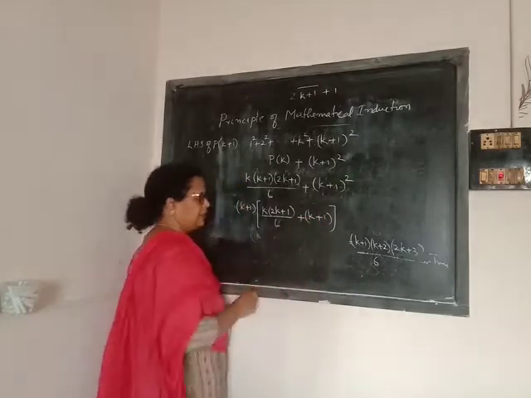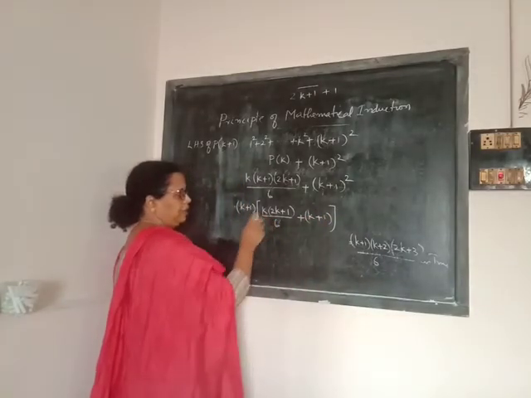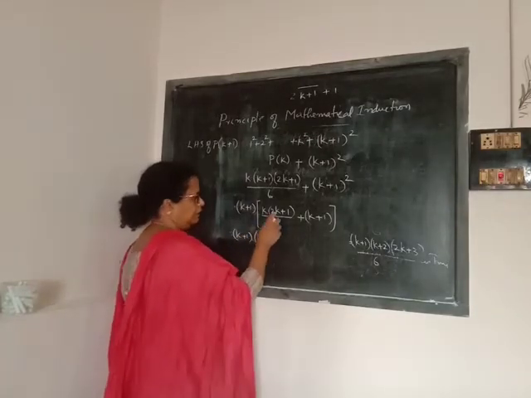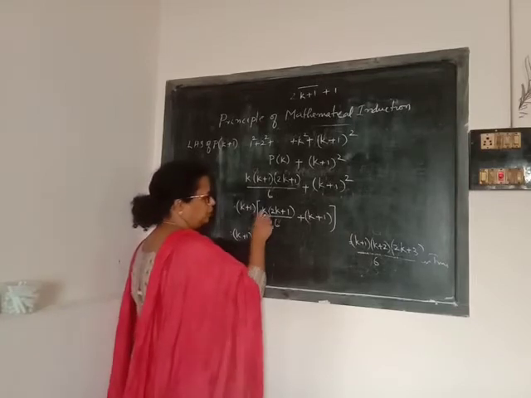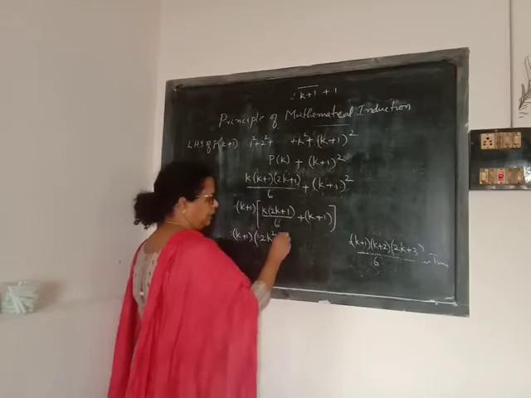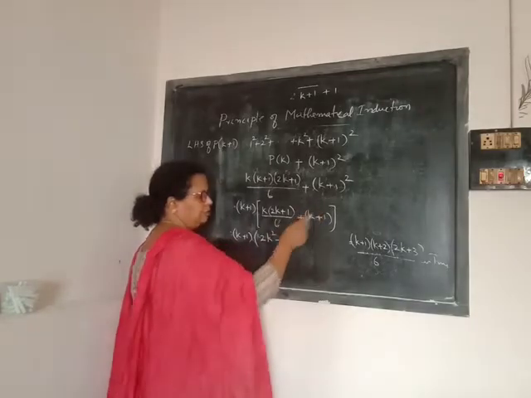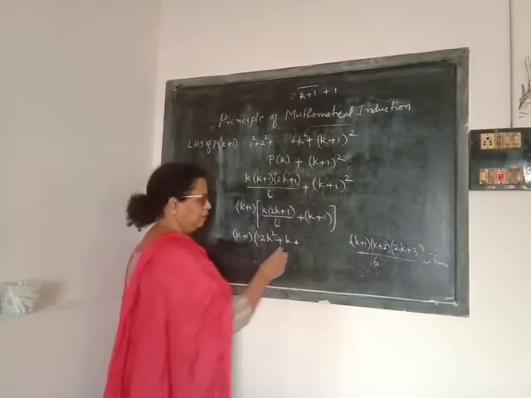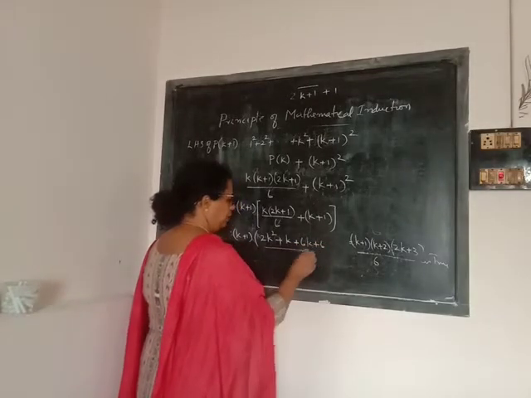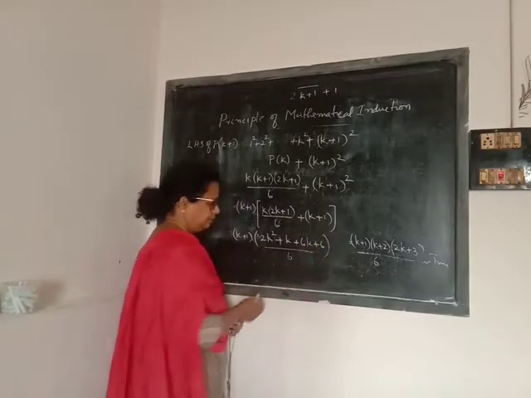Now take 6 as LCM and we can multiply by k also. So it will become k plus 1 into 2k into k, so 2k squared plus k into 1k, plus 6 we have to multiply 6 into k plus 1, what is it? 6k plus 6, whole divided by 6.